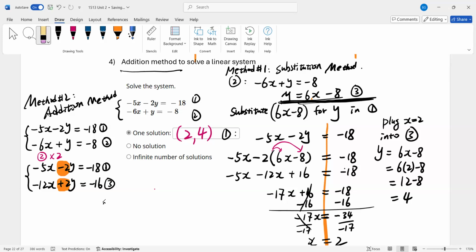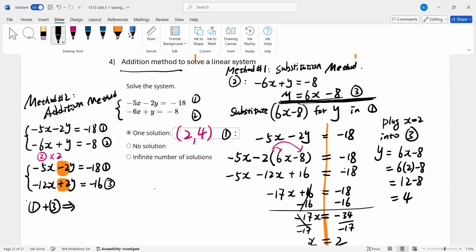So after the modification, in equation 1, the coefficient of y is -2. In equation 3, the coefficient of y is +2. We like that because we are going to add equation 1 and equation 3 together now.